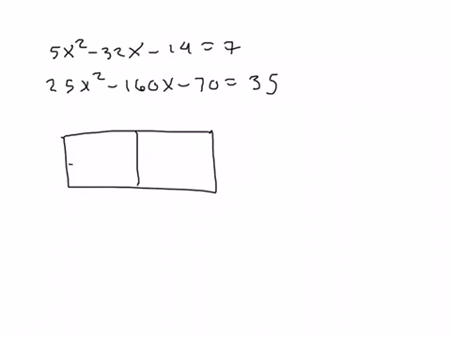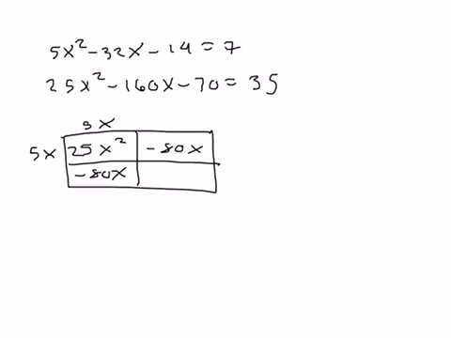Again, if it wasn't even, we would have multiplied everything by 4, but because it was, we're not going to do that. So I'm going to take that 25x squared and make it 5x and 5x. I'm going to take that 160x and divide it into 2 pieces, negative 80x and negative 80x.